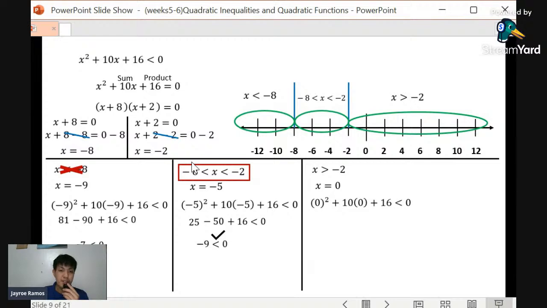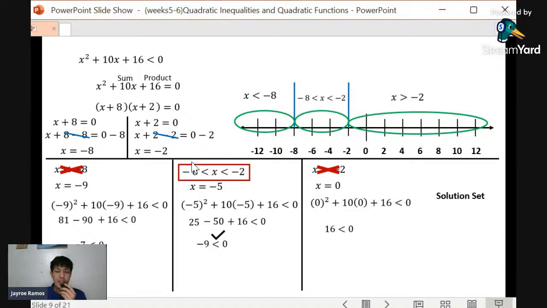So ginawa natin 0 squared plus 10 times 0 plus 16. So if we're going to simplify that, tanggalin mo na lahat ng may 0. Ang matitira na lang dyan ay yung 16. So 16 less than 0. So ay mali po. So that is false. Hindi po tama yan. So dahil mali yung 16 is less than 0, so therefore yung x is greater than negative 2 ay mali rin. And we are done. Okay?